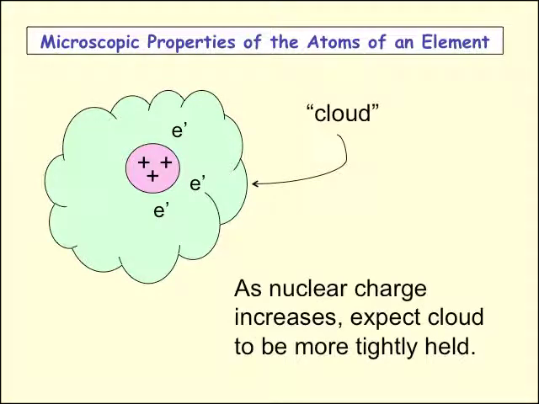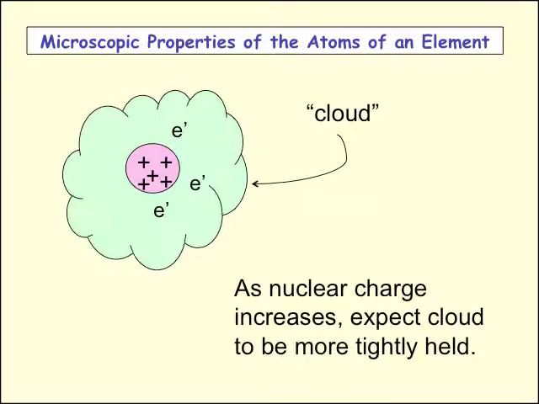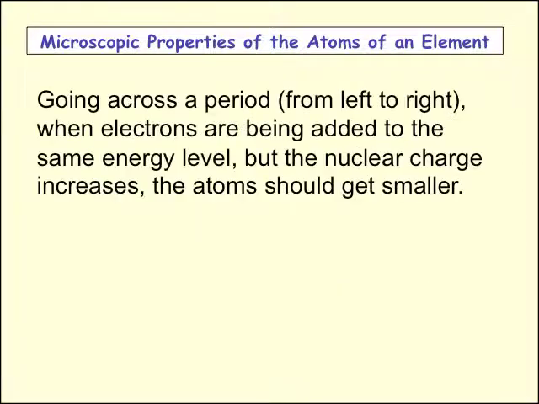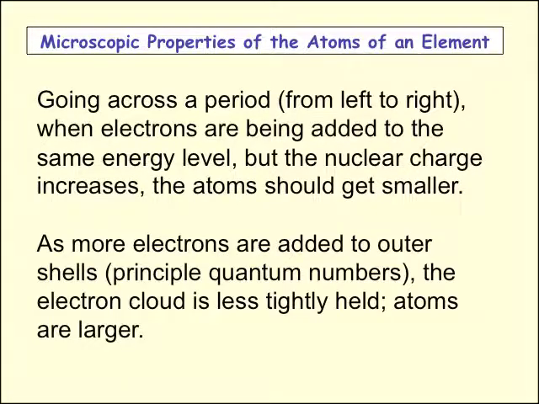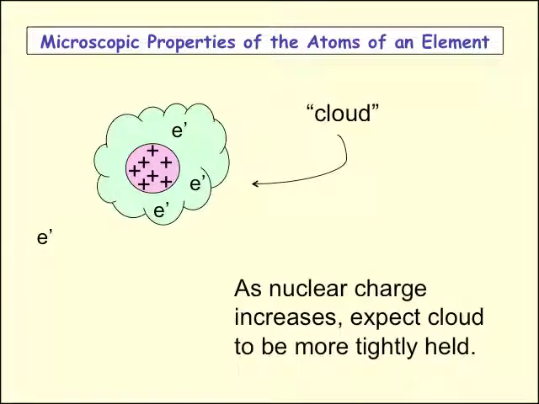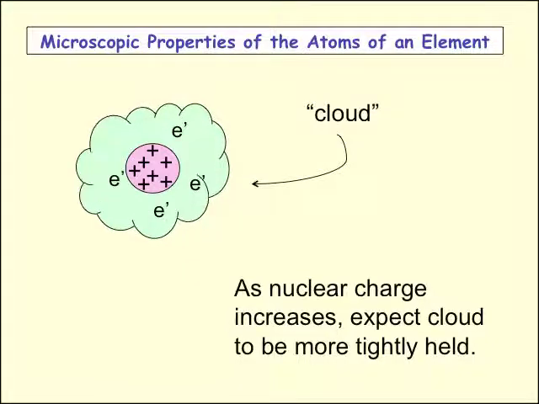As the nuclear charge increases, we might expect that the electron cloud would be more tightly held, that is, pulled closer. In this case, a group of atoms should get smaller as the nuclear charge increases. However, as electrons are added to the outer shells, an increase in the principal quantum number, we might expect that the electron cloud would be less tightly held and the atoms would get larger.